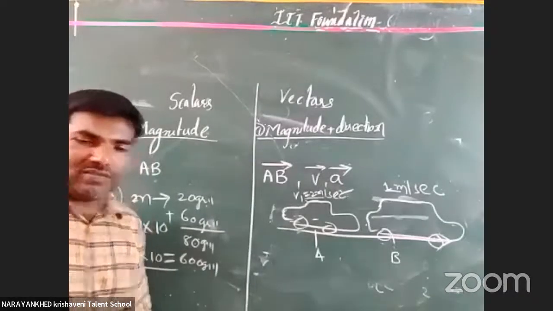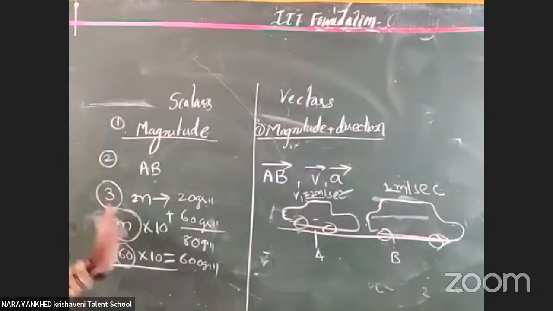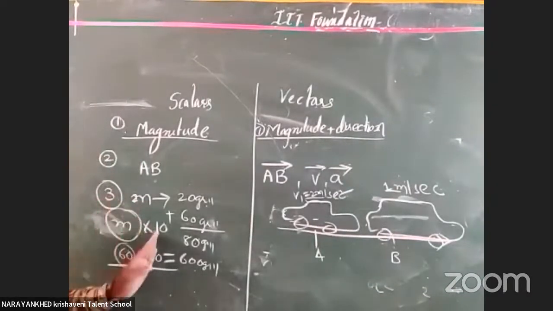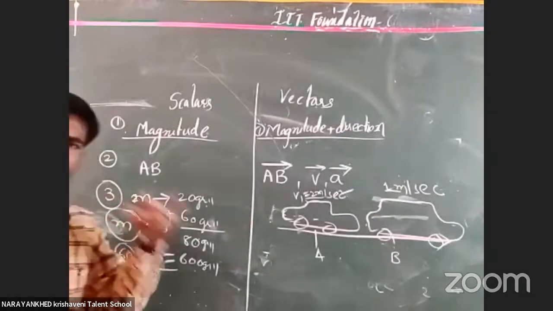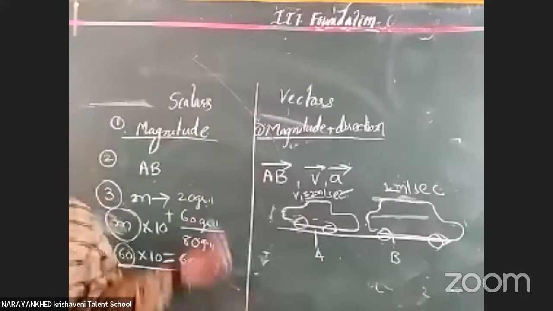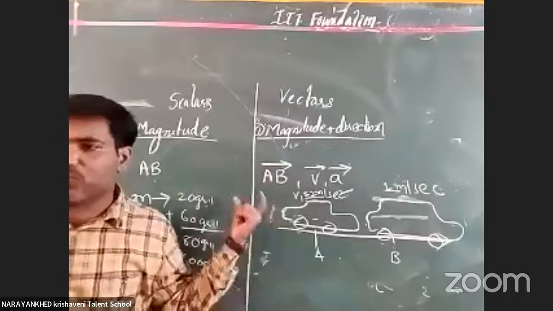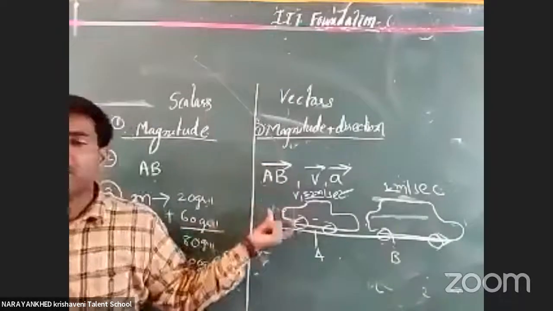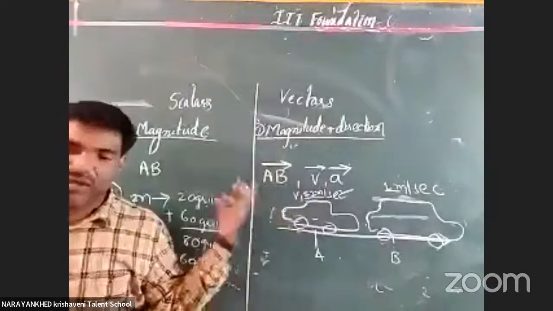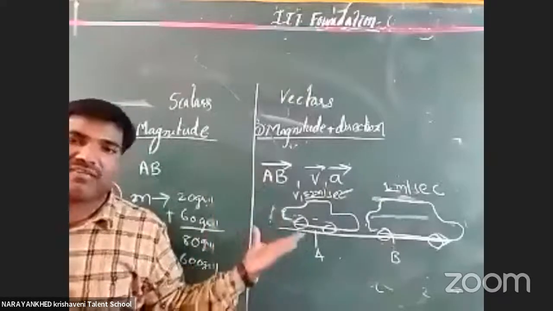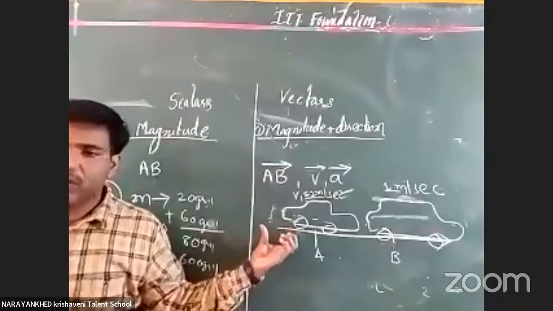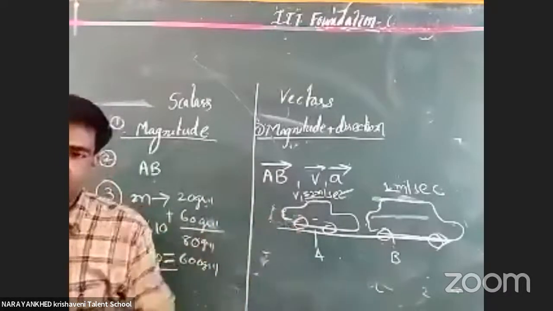This is the difference between the mathematical application for scalars, which we generally use in maths, and vectors. Whatever mathematical applications we want to apply to vectors are not done in the regular manner; we have to do it in a special manner. That is the main difference. Got it?